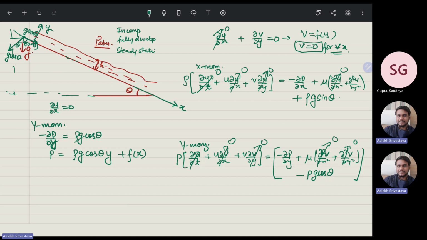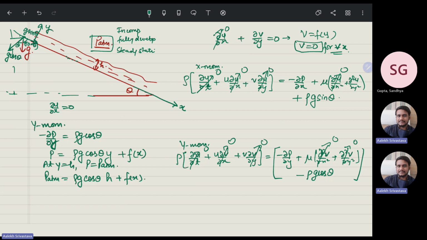Now, another condition is that this is at atmospheric condition. That means at y is equal to h, p is equal to p atmospheric. So p atmospheric is equal to rho g cos theta into h plus some function of x.